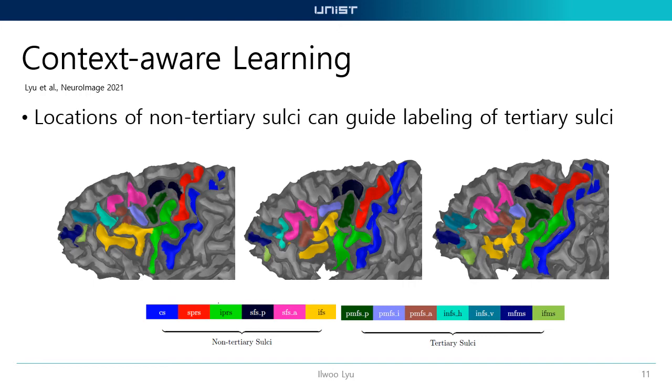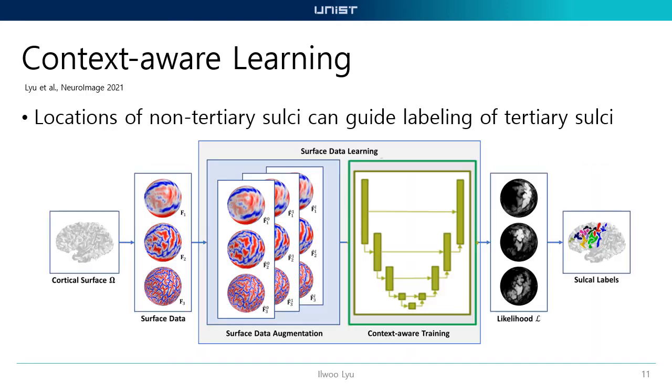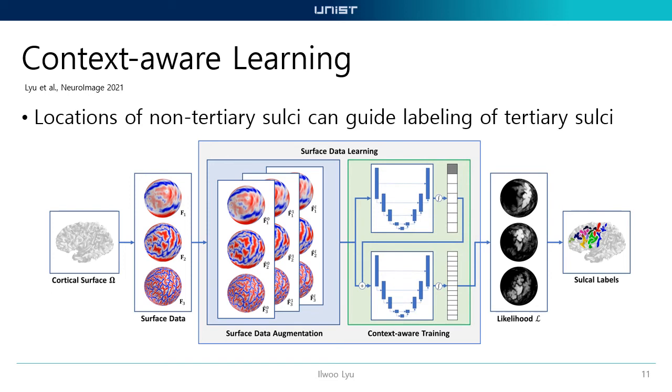From this observation, what if we have some estimation of the non-tertiary sulci? Then maybe this information can guide a better labeling of the tertiary sulci. If we apply this idea to the design of the machine learning architecture, we can replace this part with two different pieces.